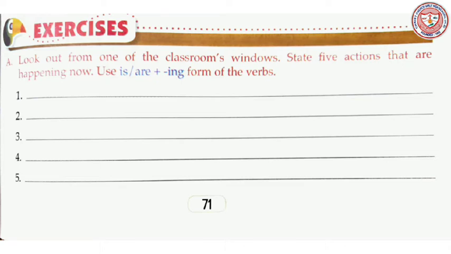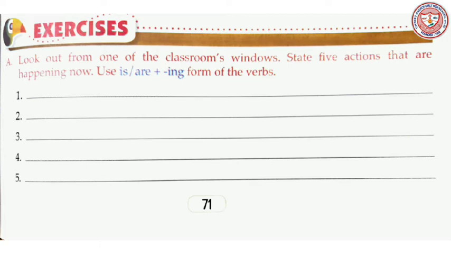You will do the rest. Number 1, the girls are playing in the field. Are plus ing form of the verb play. Are playing. So I can see girls playing in the field through one of the windows.